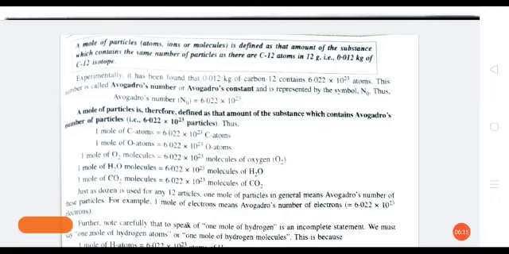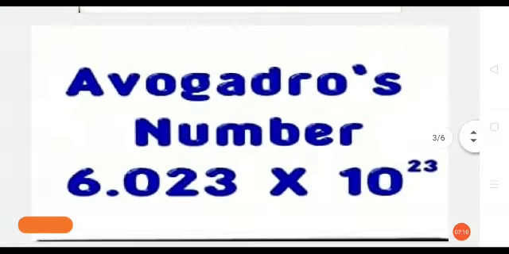Okay, and experimentally it is found that 0.012 kg of carbon contains 6.022 into 10 to the power 23 atoms. This is also called Avogadro's number or Avogadro's constant and is represented by the symbol N0. Okay, this is your Avogadro number.